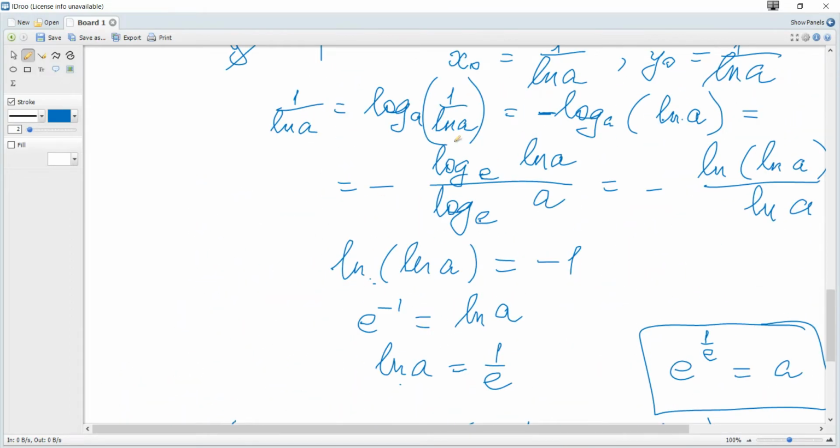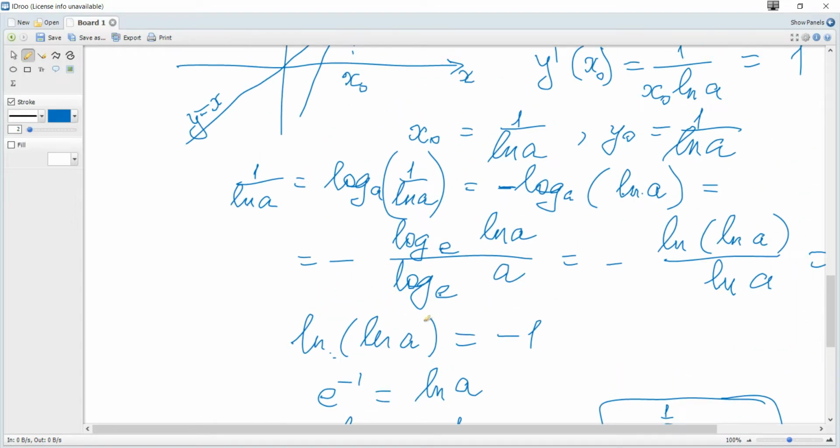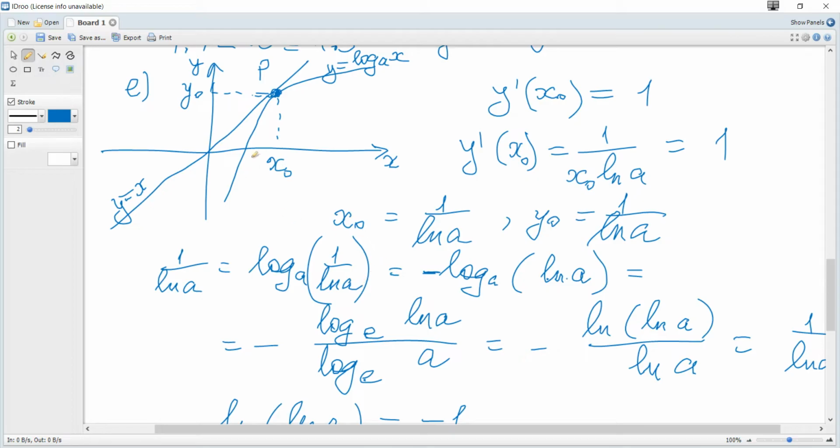And for 2 points of intersection, we remember that a cannot be 1 at all, and when a is less than 1, and it must also be greater than 0, log looks like this, and there is only 1 point of intersection always.